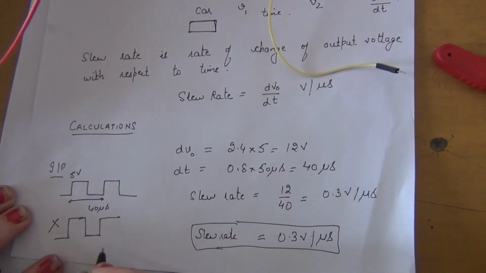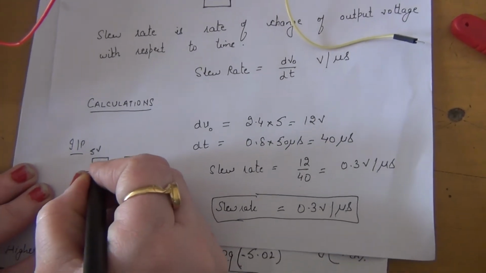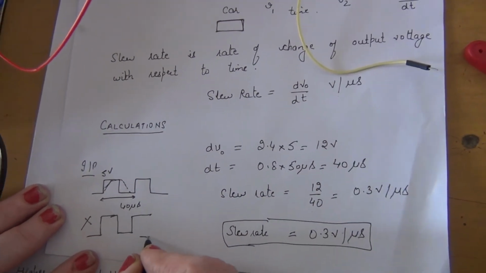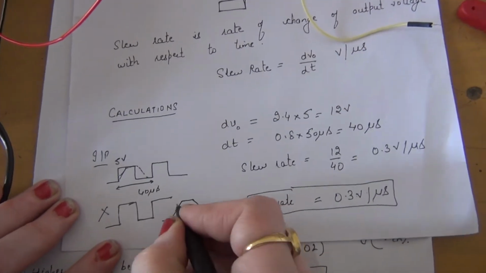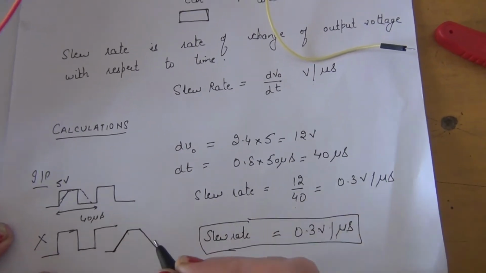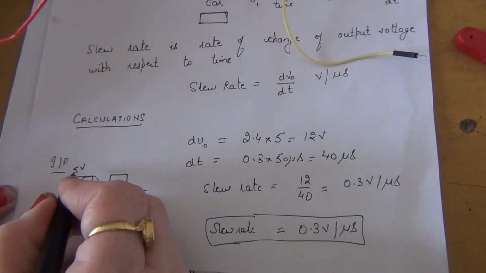So the output waveform is a little bit like this. It means there is a delay in the start of the second waveform. It takes some time to reach this level.